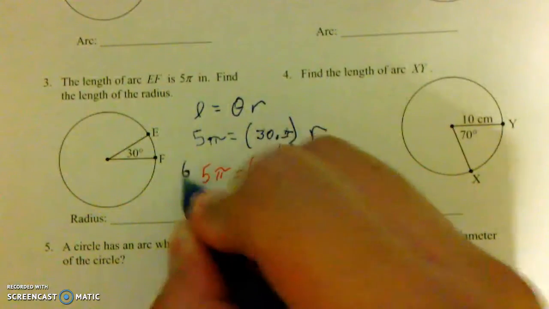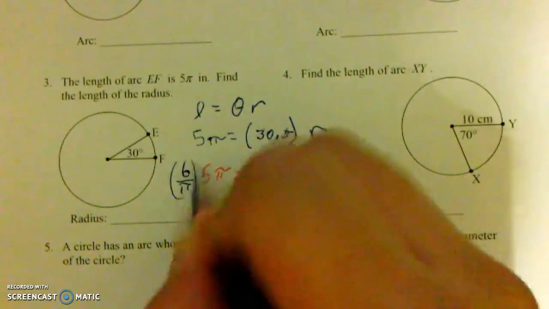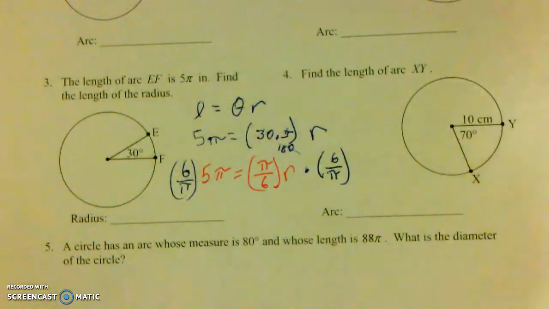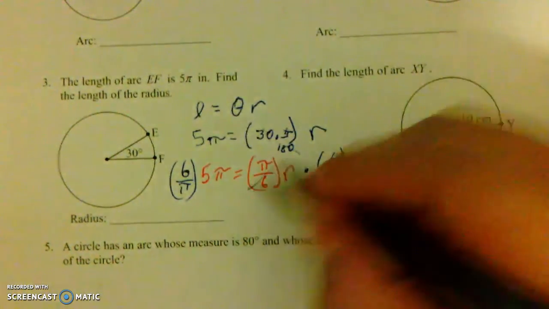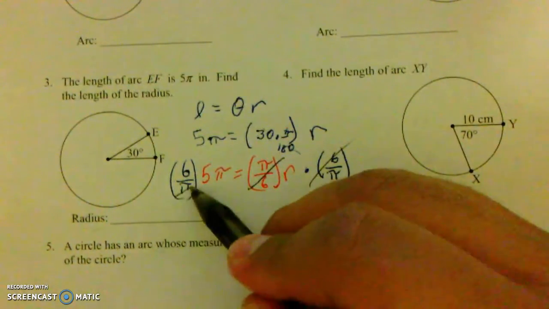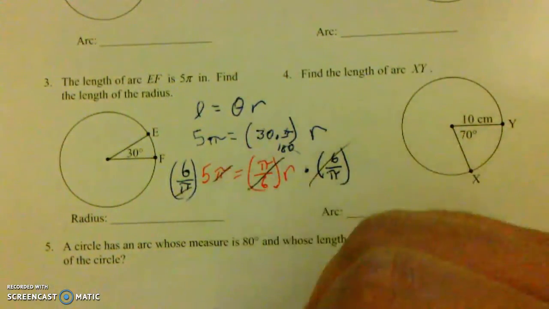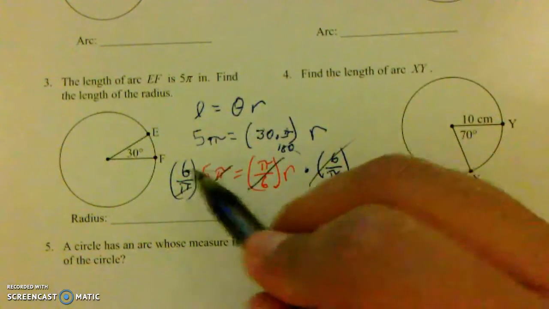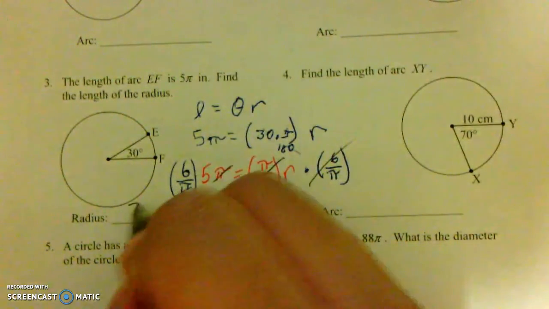So we multiply both sides by 6 over pi. And this is going to give us just r on the right side, and on the left side the pi's will divide out, and now you're just left with 6 times 5, which is 30.